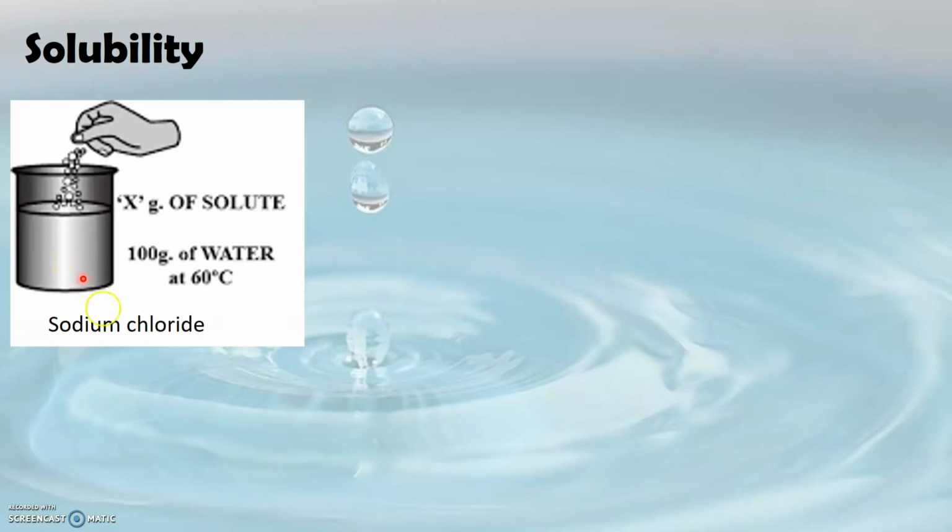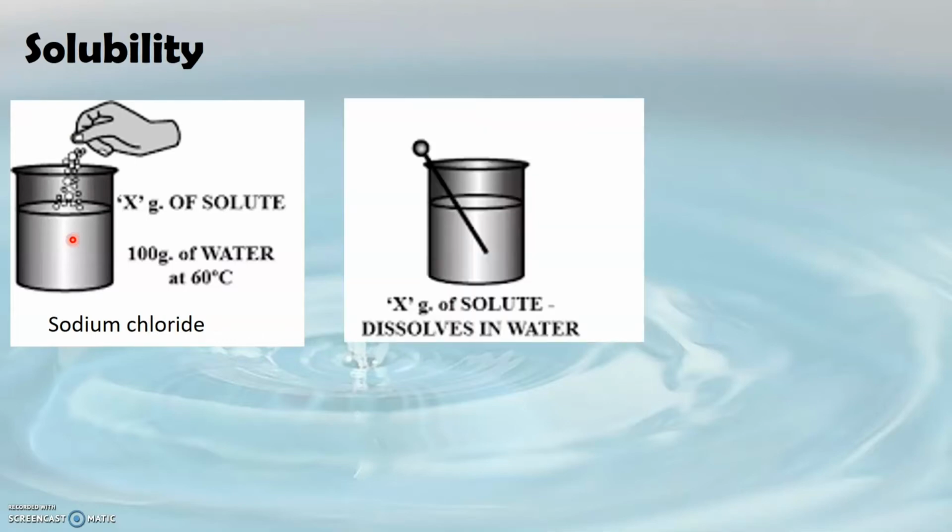Here we have taken the example of sodium chloride. Sodium chloride is the solute added into this water. 100 grams of water is taken in a beaker, and X gram of solute, that is sodium chloride, is added into the water, which is the solvent. Now mix it well with the help of a stirrer.